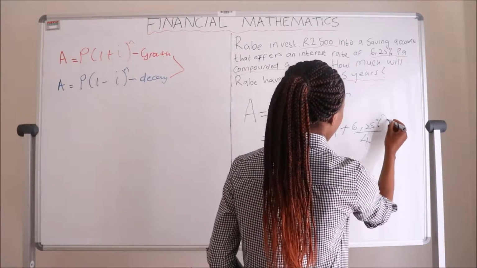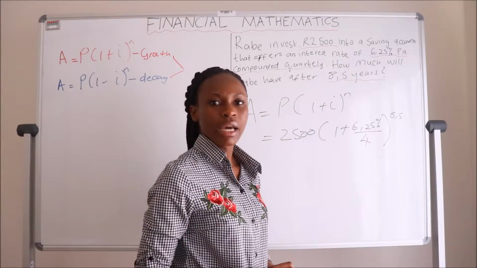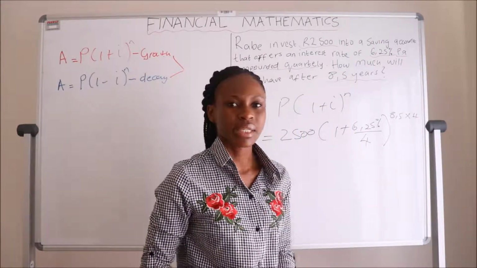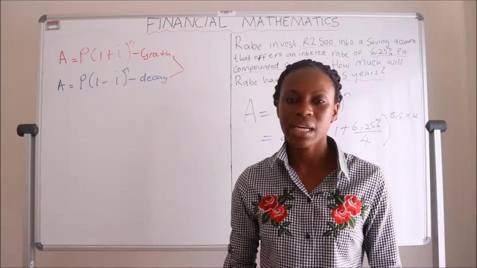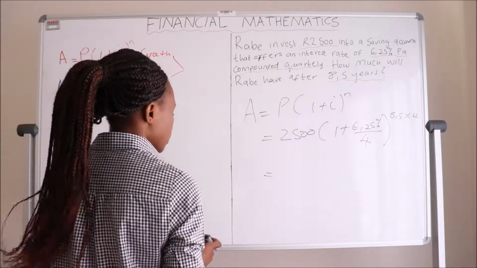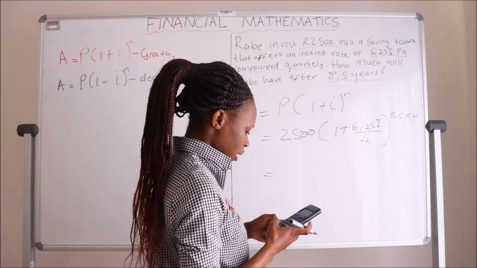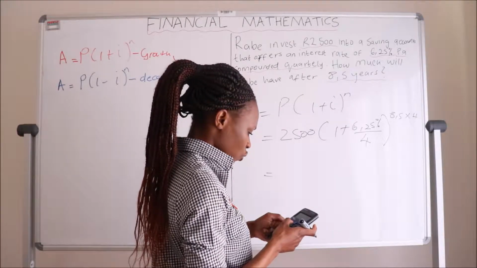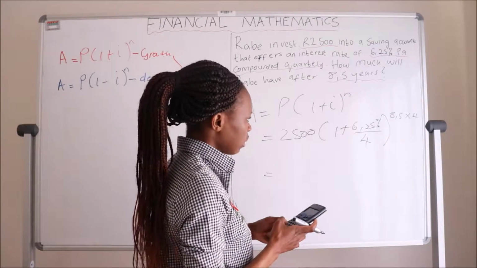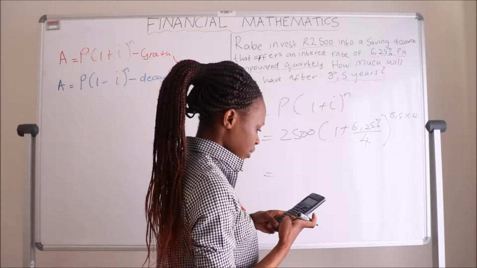Then we raise it to the exponent of 8.5 years, the time the investment stays in the account, multiplied by 4, because the investment is compounded 4 times a year. Now we punch that into a calculator.